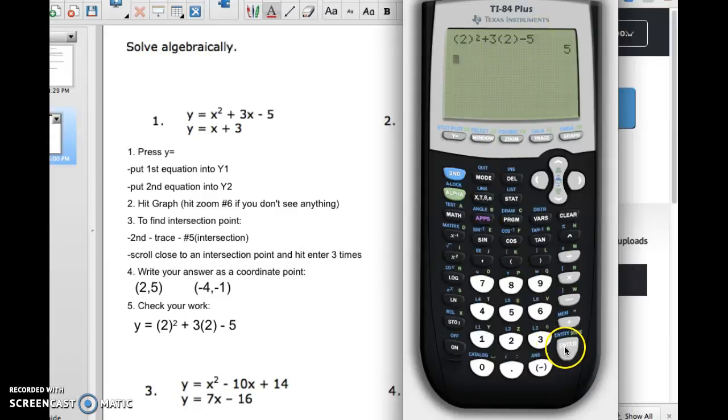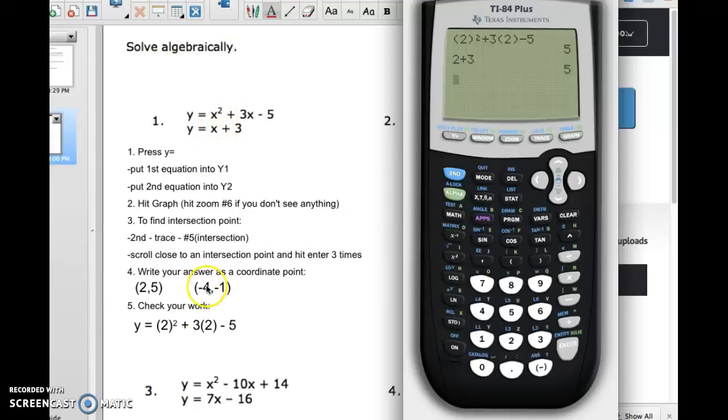I hit enter. It does indeed, this input of 2 gives me 5 for the quadratic. If I do this for the linear function now, I will do y equals 2 plus 3. And that also indeed gives me 5. So I know that this coordinate point solves this system of equations.